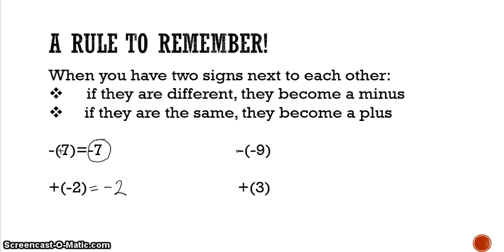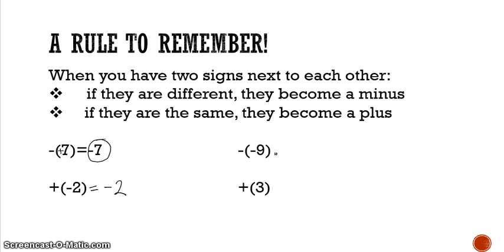Right here I have negative 9 or minus negative 9, opposite of negative 9. You can read it any one of those ways. But say you see it in the problem, so it's something minus negative 9. Well, these two minuses are right next to each other. And a minus and a minus, they are the same. So they will become a plus.